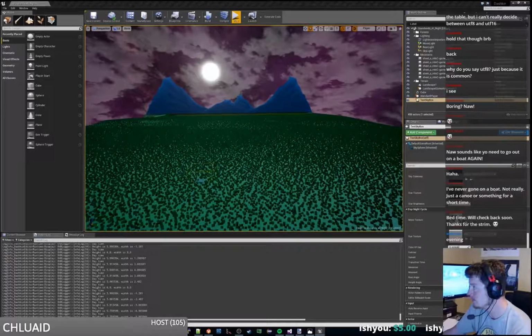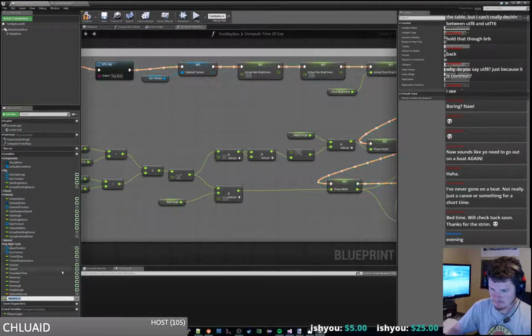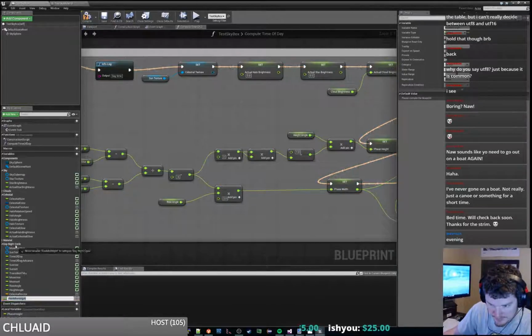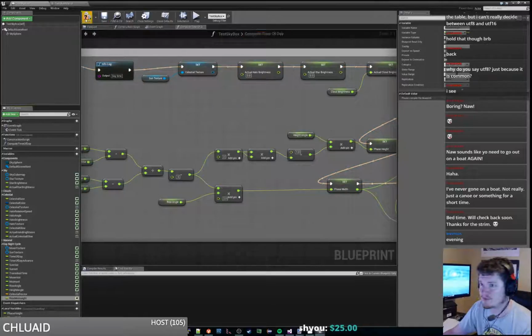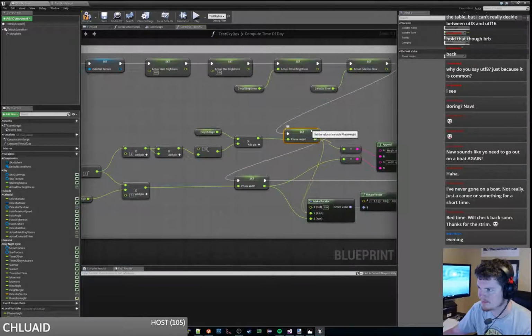We want a rise min angle. So we'll do rise min height, expose that, and this should be something like -15 or something like that. And basically this height angle, we're going to add it in here.